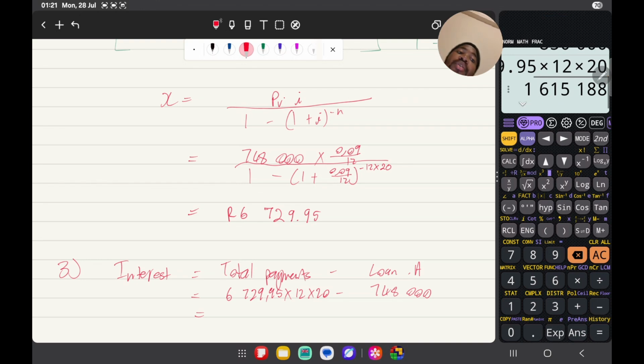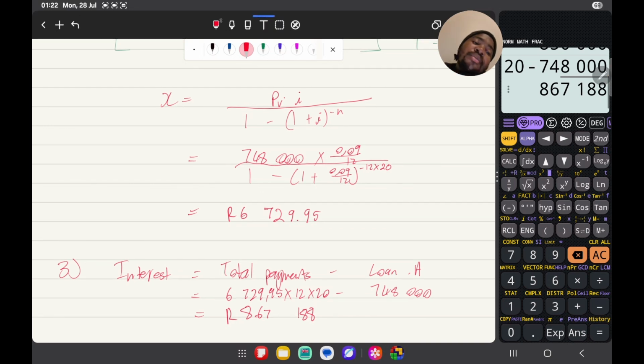You even see that the value is quite high. Then we subtract the 748, and wait, cool.